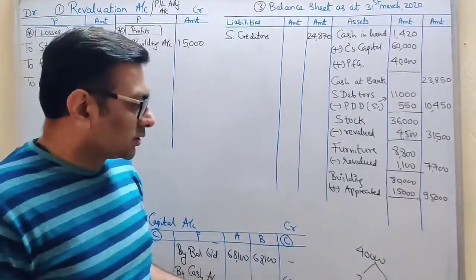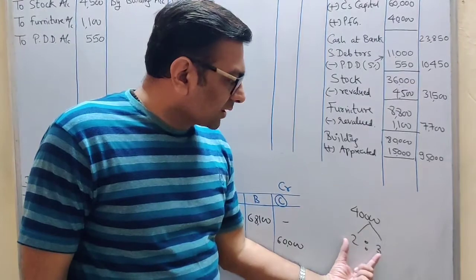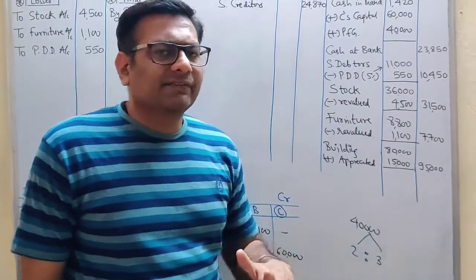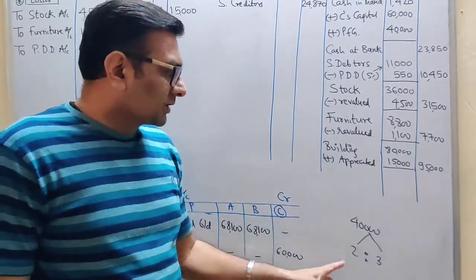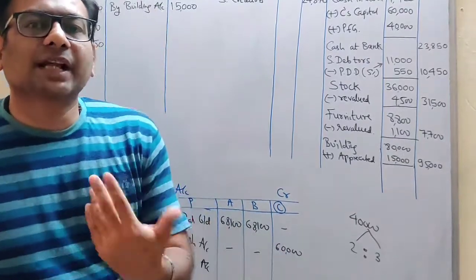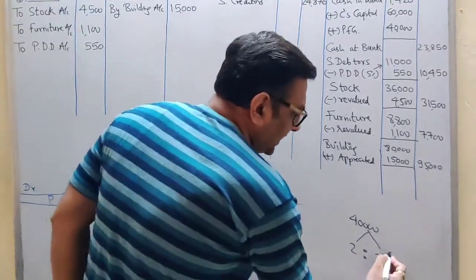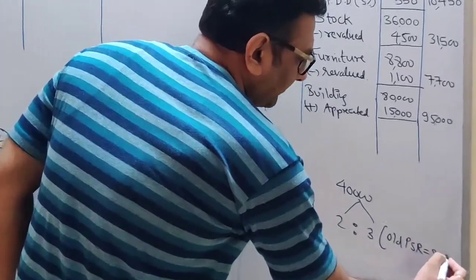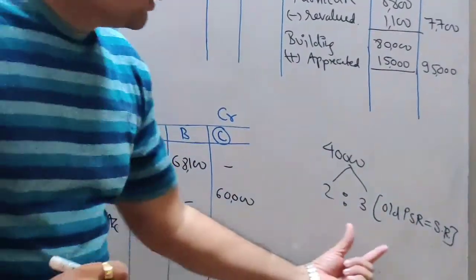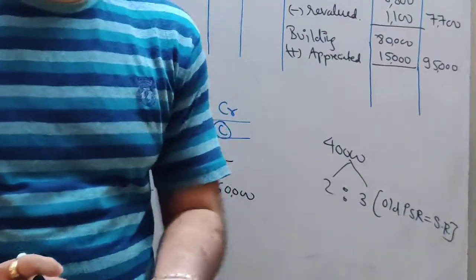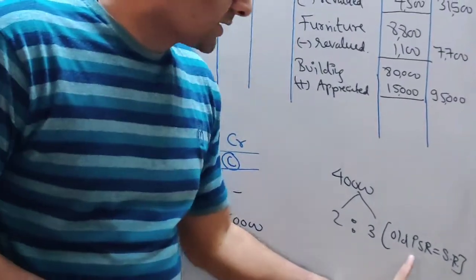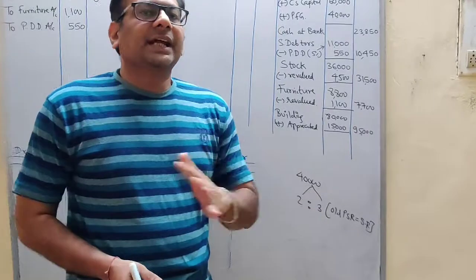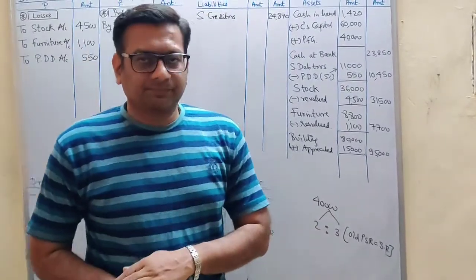Now let's continue. Remember, whenever the new PSR is not given, no need to calculate the sacrificing ratio. Why? Because your old ratio is equal to the sacrificing ratio. I am writing it here in brackets: old PSR is equal to sacrificing ratio. You take this when, in the question, they have not given the new PSR.